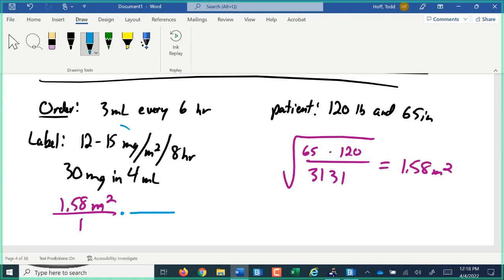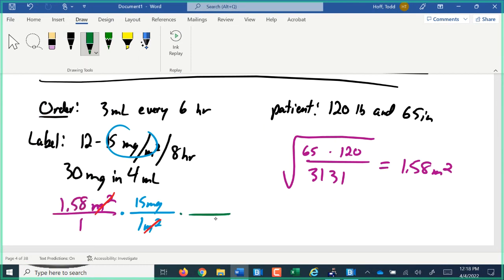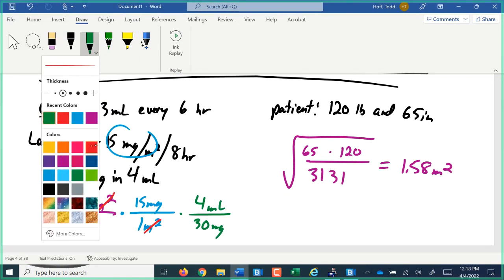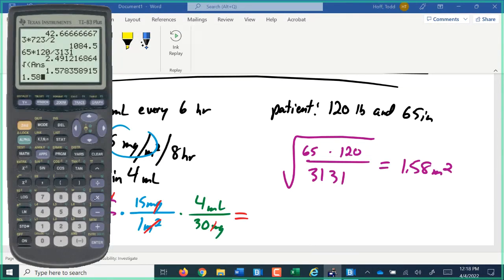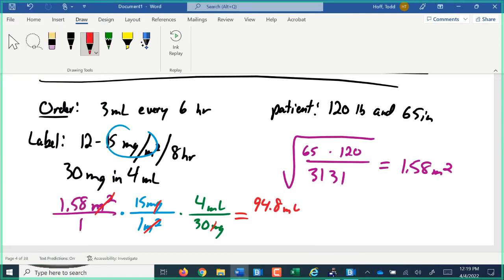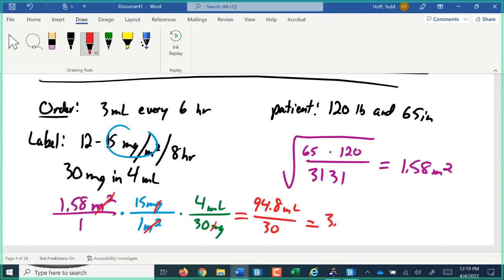So we'll use the maximum number again, 15 milligrams per square meter, on 30 milligrams in 4 milliliters. Milligrams are gone. Let's calculate that out. 1.58 times 15 times 4, 94.8, over 30. So divide that out: 3.16.